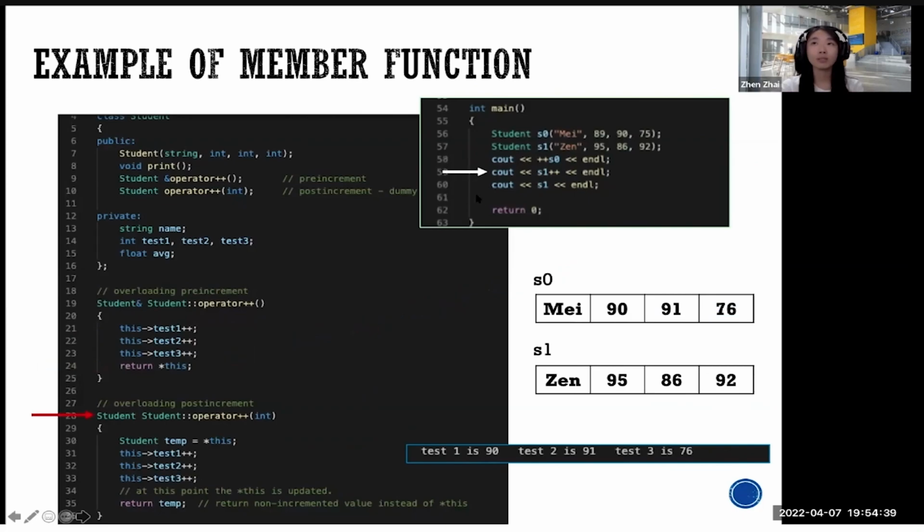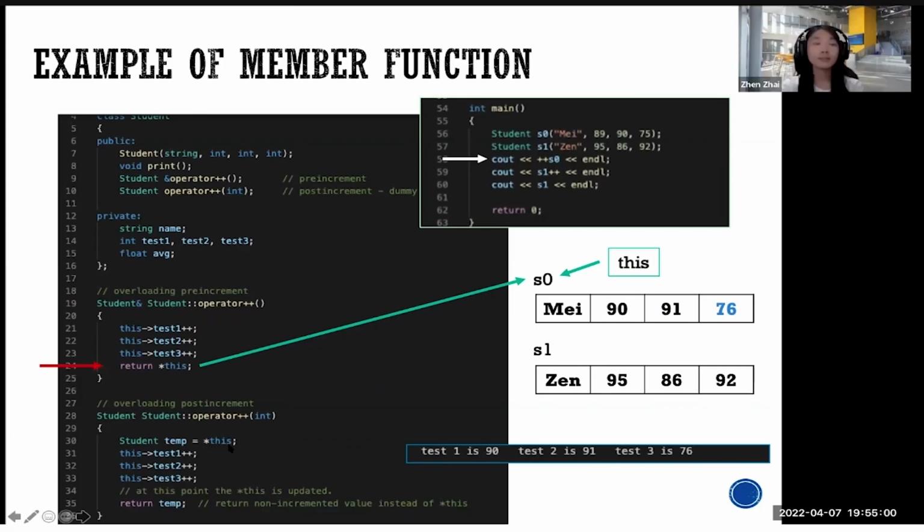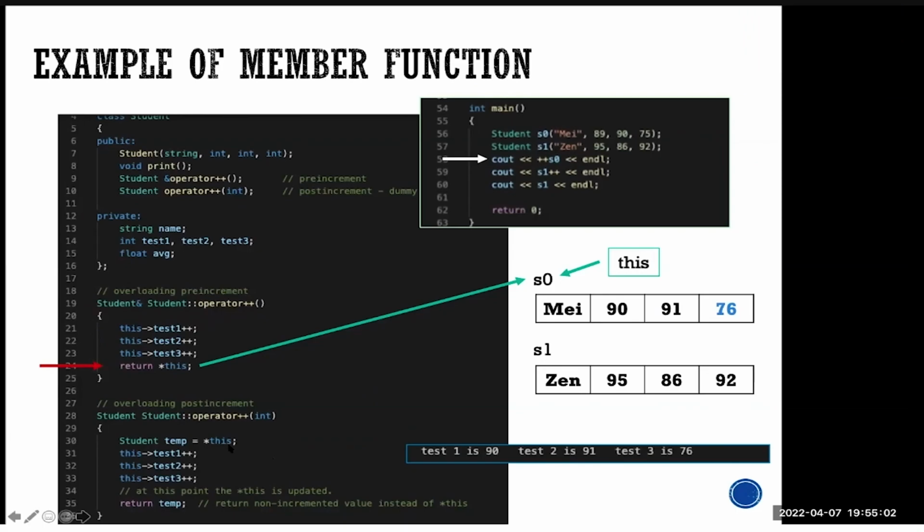Yeah, question? Wait, so with the post increment, when we declare the student temp equals this pointer, shouldn't it be pointing to the same data?